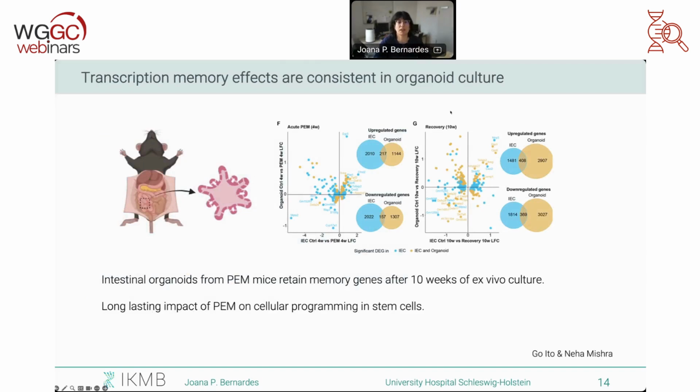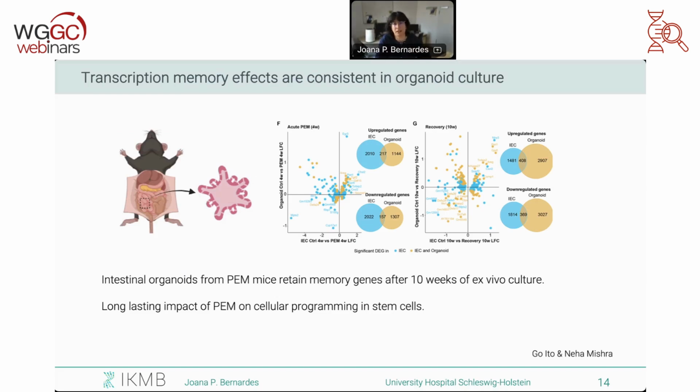So we compared the RNA-seq from the intestinal epithelium with the RNA-seq from the organoid culture, and we saw that they were very well correlated. So yes, we can use organoid culture to try to identify the long-lasting impact of PEM.